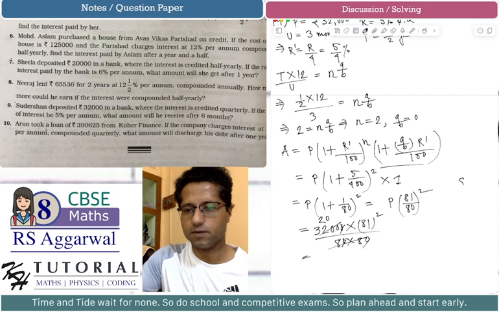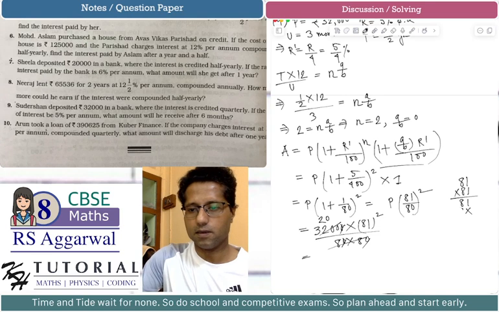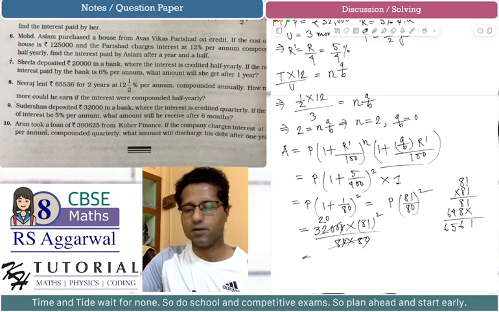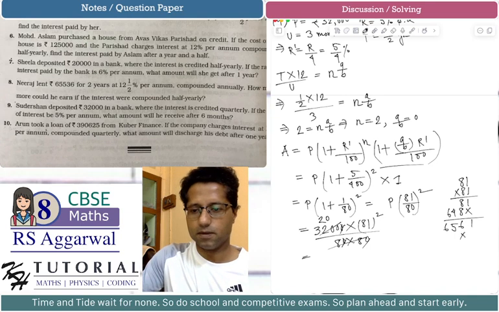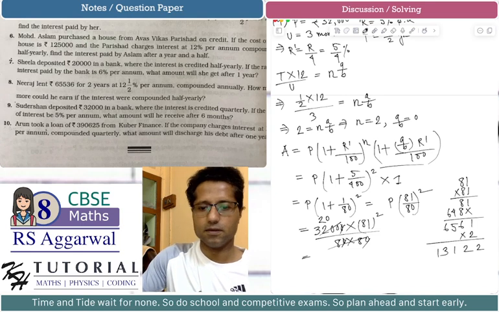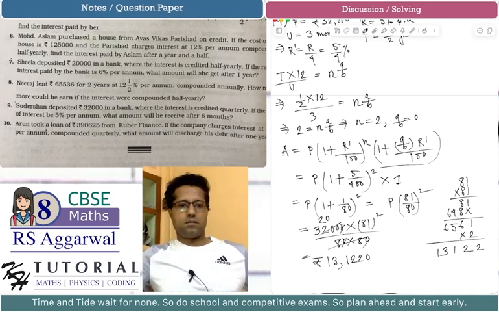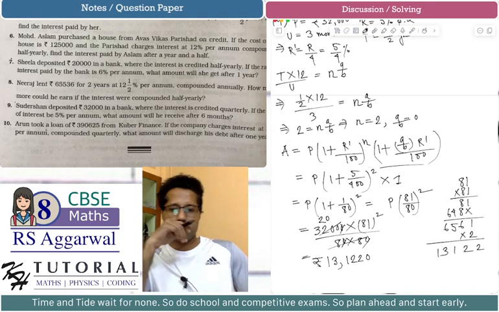So what is 81 square? 81 multiplied by 81 is 6561, and then multiplied by 20. So this is rupees 1,31,220. How come?